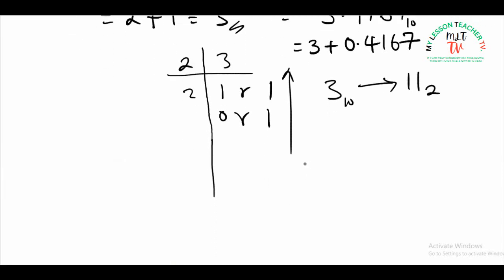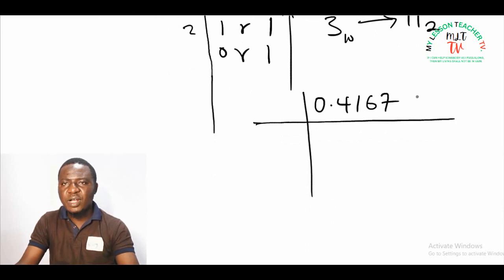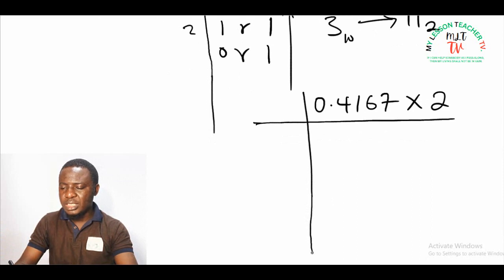Also, we have to convert 0.4167 to base 2. When it has to do with fractions, I told you we have to use repeated multiplication. So I'll keep multiplying this by 2 to get its equivalent.